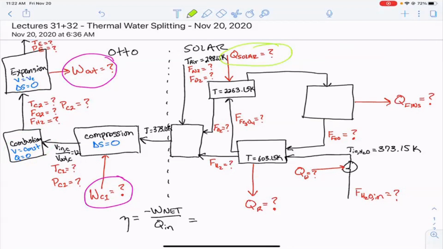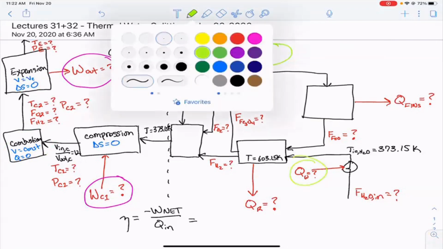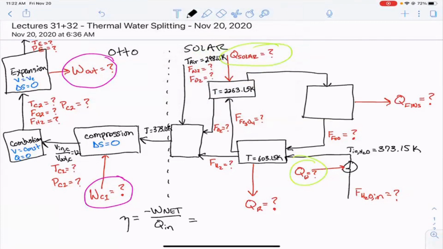Now, where else did we add heat? When we were heating the water, preheating the water. Yep, excellent. So in this process, the efficiency then is just minus the work of the expander plus the work of the compression divided by Q solar plus Q W. And so our task is to then calculate those values.